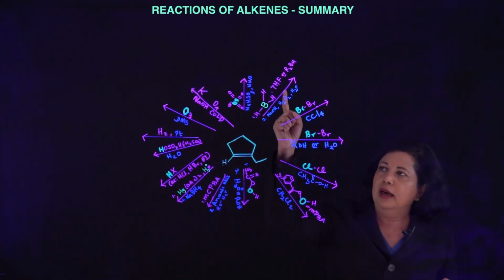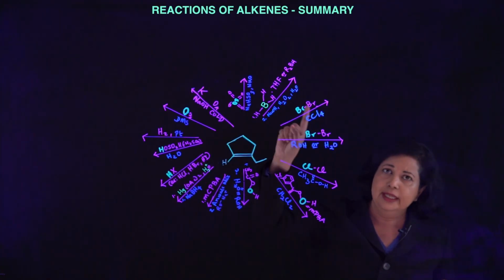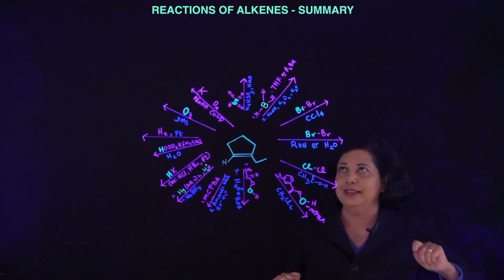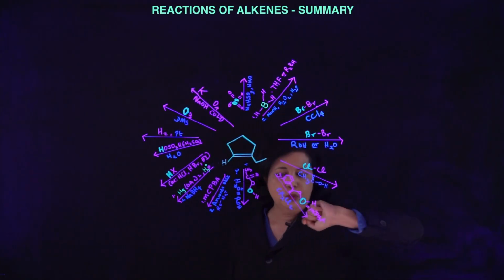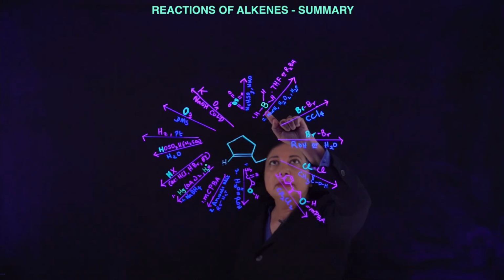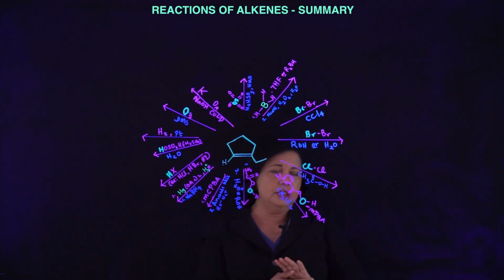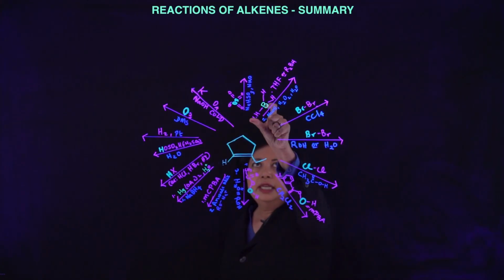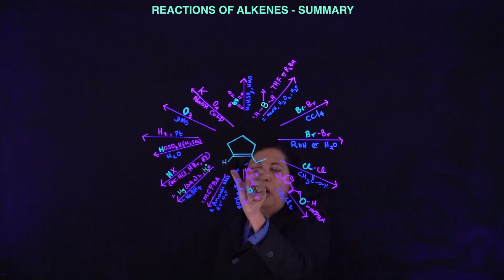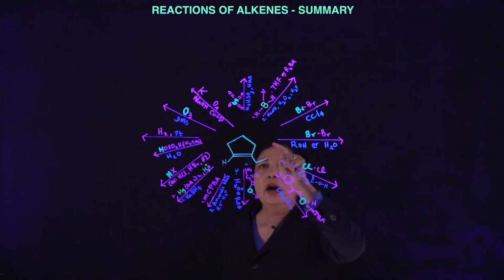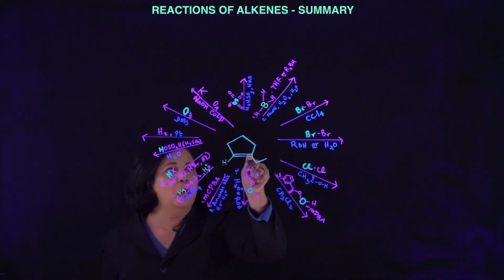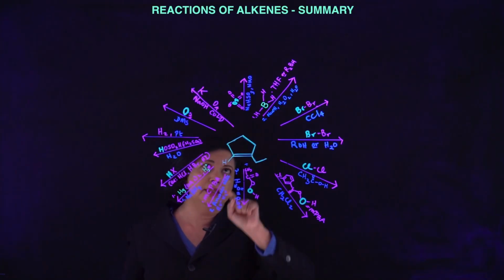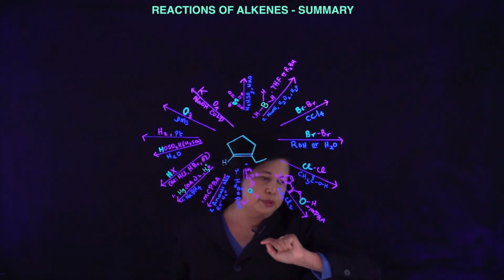So let's see what ethyl cyclopentene is going to do with all of these reagents. Let's start at 1 o'clock and go around the clock, shall we? Let's look at BH3. I put the B in a different color just to show that that's your electrophile. So your BH3 is going to sit right on top or bottom, and the hydrogen is going to go to the most substituted carbon, and the boron is going to go to the less substituted carbon.